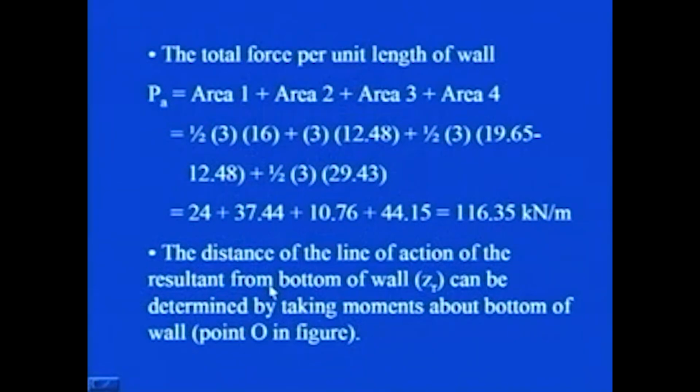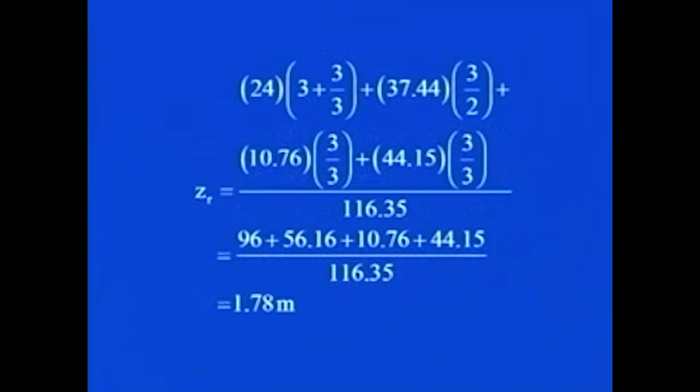The distance of the line of action of the resultant from bottom of the wall, let us say I call it ZR, can be determined by taking the moment of all the forces about bottom of the wall, which I showed you earlier, that is point O. So that is 24 was the force for the first one. So that is 3 plus 3 by 3 wherever it is acting, and then divided by this total force, which will result into 1.78 meters.